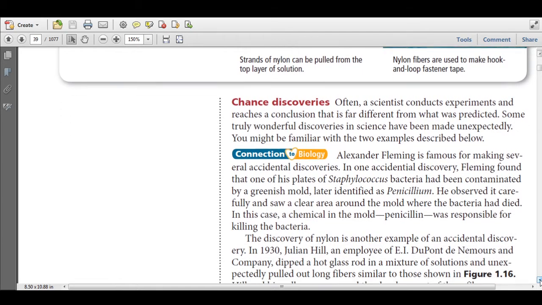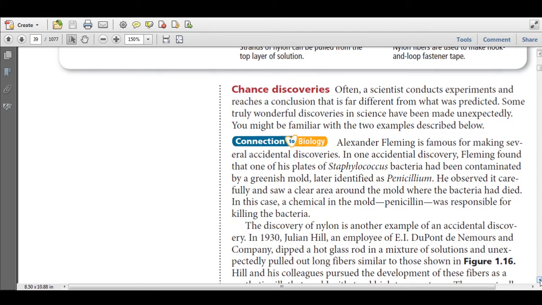Sometimes scientists conduct experiments and reach a conclusion that is far different from what was predicted. Some truly wonderful discoveries in science have been made unexpectedly. You might be familiar with the two examples described below. Alexander Fleming is famous for several accidental discoveries.